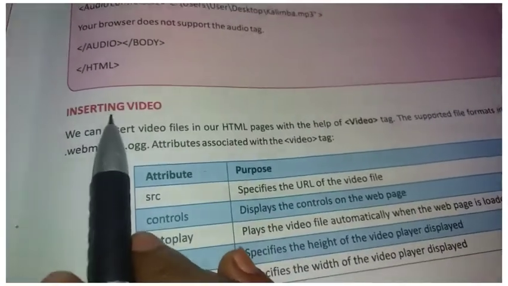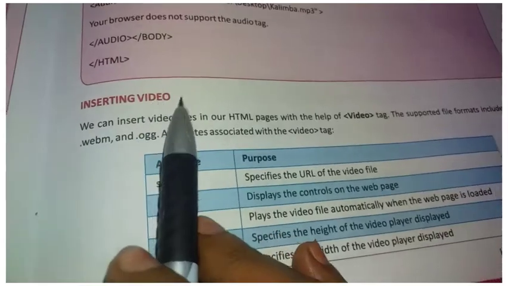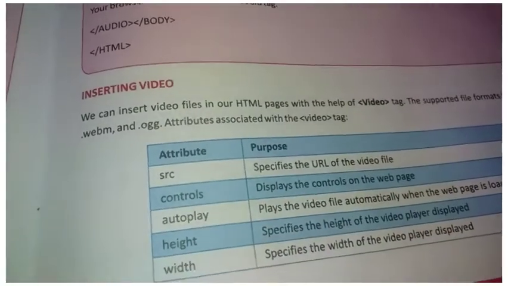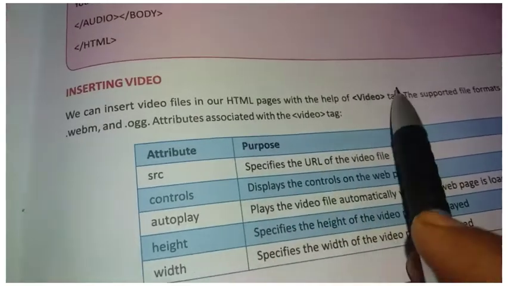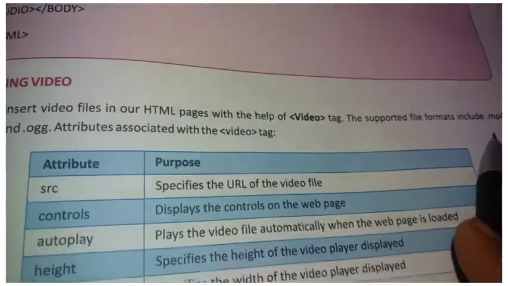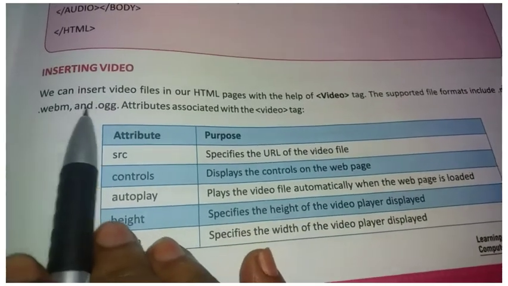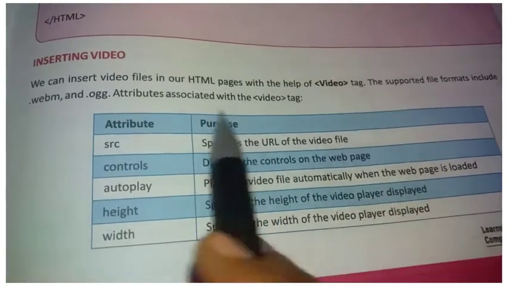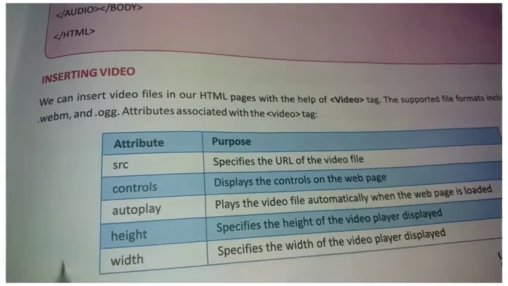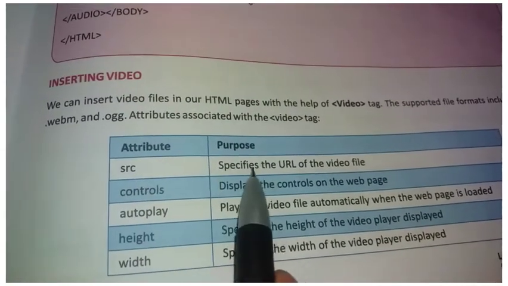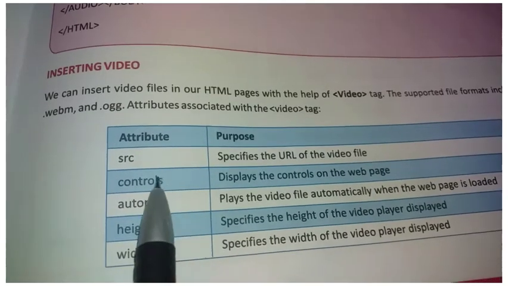Next, the last topic is inserting video. Just as we inserted audio by using the audio tag, we can also insert video. The supported video formats are MP4, WebM, OGG and so on. These are the different attributes of the video tag. SRC specifies the URL of the video file.